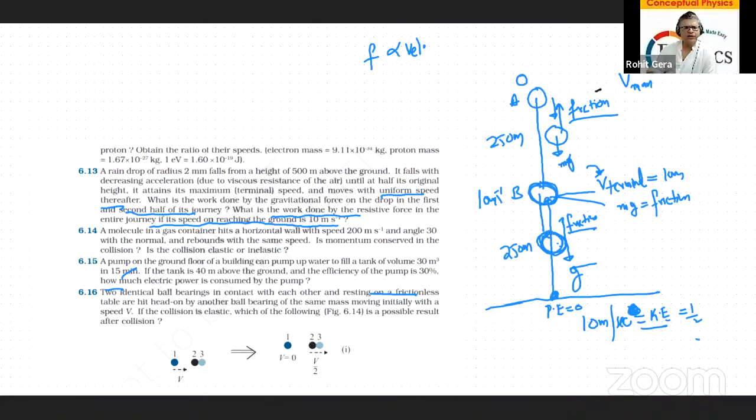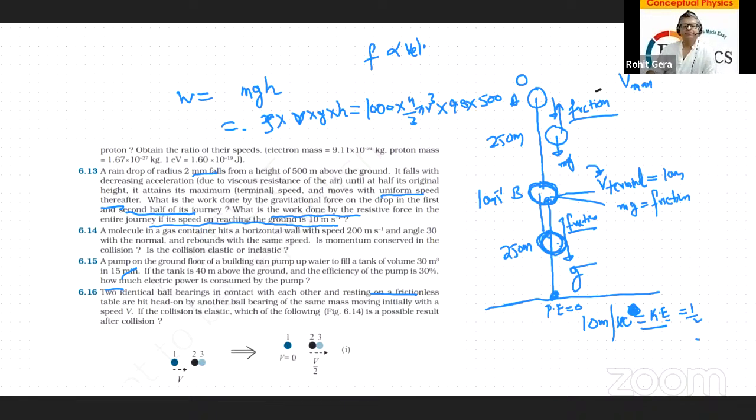Okay, let's discuss what is the work done by gravity throughout its journey. The work done by gravity is mgh, right? So m is known for the drop. It is a rain drop of 2 mm. So it is density into volume into g into h. The density of water is 1000. The volume is 4 by 3 pi r cube, multiplied by 9.8, into 500.